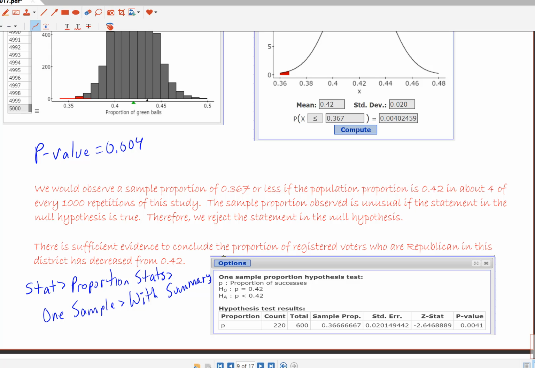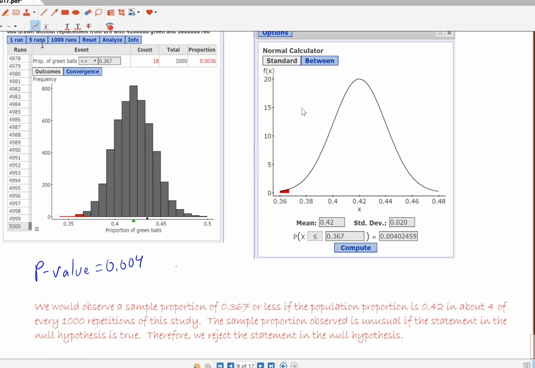Understand that the p-value, yes, it's an area under the normal curve, but more importantly than that, and this is why the simulation is so powerful, it's a representation of the likelihood of getting results as extreme or more extreme than you would get if the null hypothesis were true. Super duper important. Remember the earn: 4.2 million Republicans, 5.8 million non-Republicans, and we sampled from it over and over and over again.